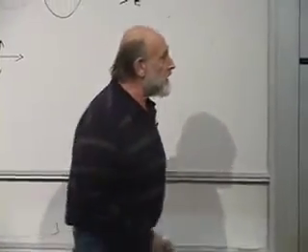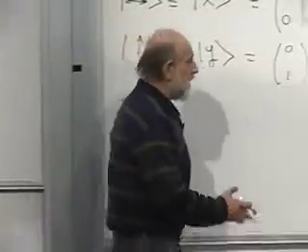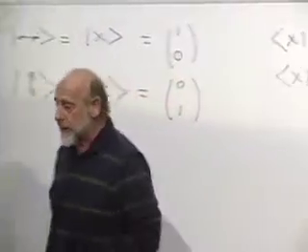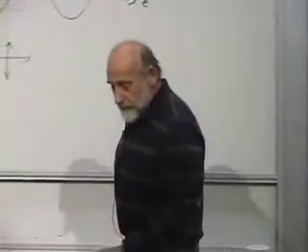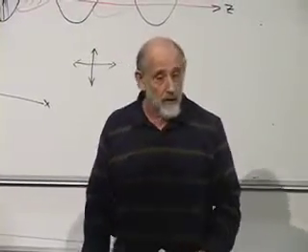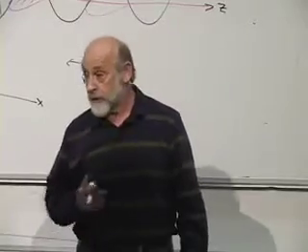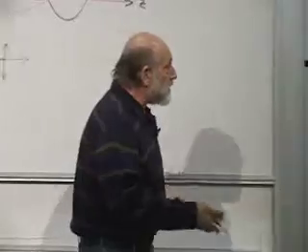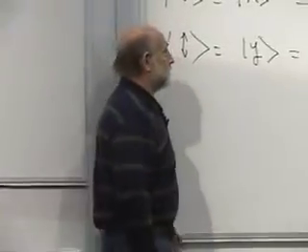This is what quantum mechanics would tell us to do, and these are then a pair of basis vectors in a two-dimensional vector space. This is a very simple system, much simpler than the particle on a line. That's, of course, because we're ignoring the motion of the photon. We're just dealing with the polarization of it. Just two possibilities.